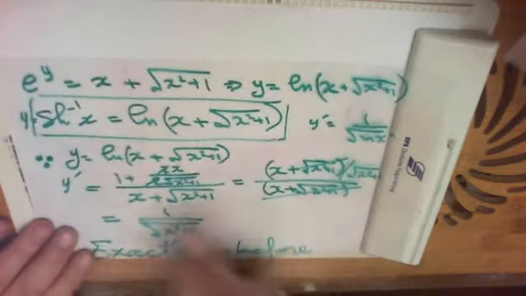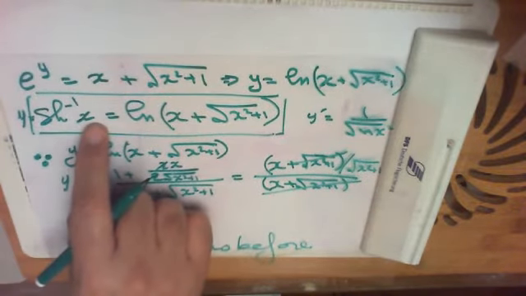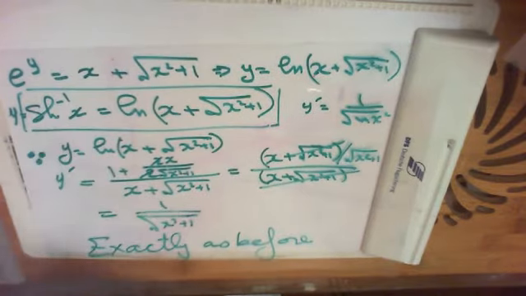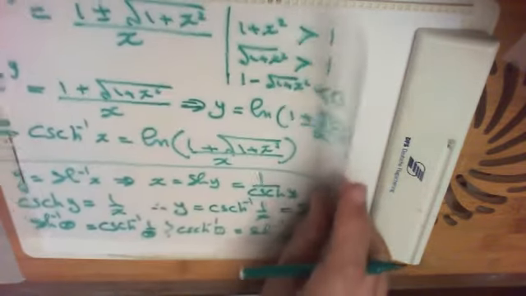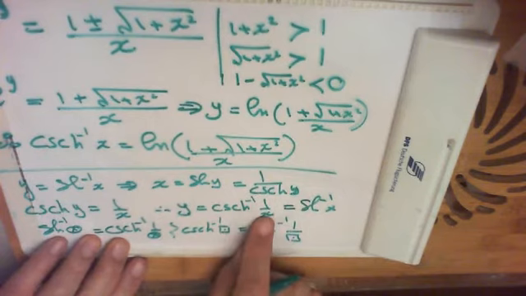This is the logarithmic form of sinh minus 1, and this sinh minus 1 is the same as cosech minus 1 of 1 over x.